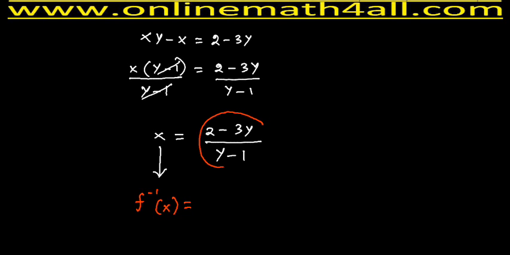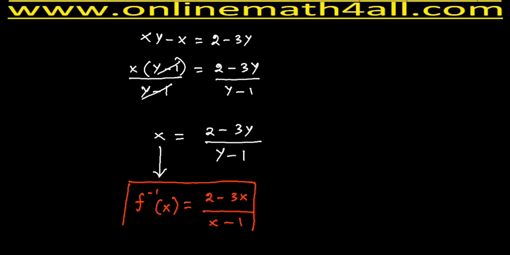The same terms are to be written on the right side of the equal sign, but a small change has to be made: instead of y we have to write x. So f inverse of x is (2 − 3x) over (x − 1). Instead of y, I have taken x. This is what I have to do in the last step. So this is our answer, the inverse of the given function f of x.